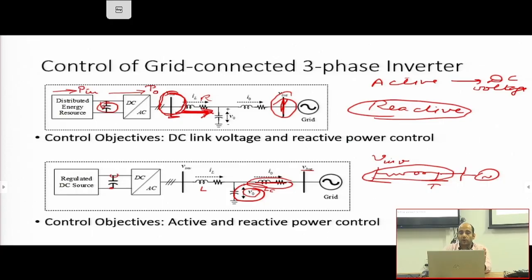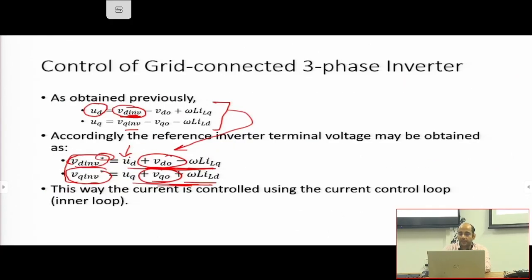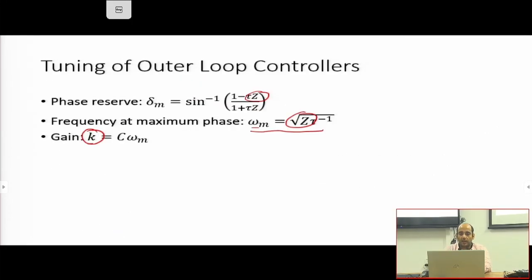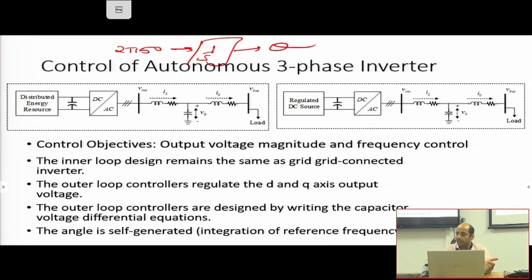Because this is controlled by the grid, we have these terms here. In autonomous mode, we have no such thing. No one is controlling these voltages. That's why we remove the feed forward term. That's one small difference. Another difference, I already told you that the angle is self-generated.